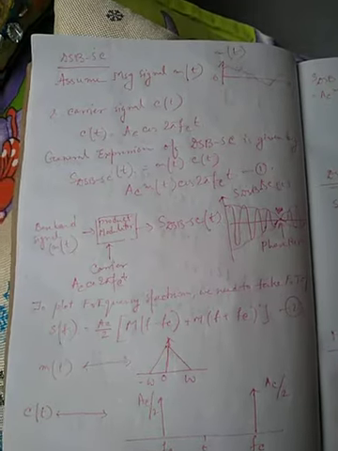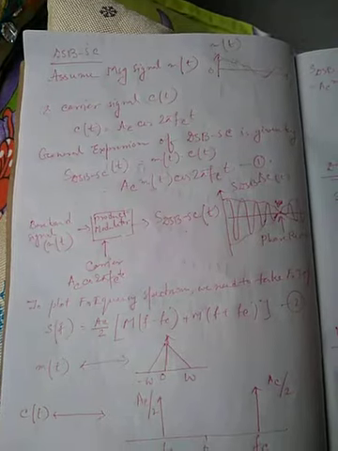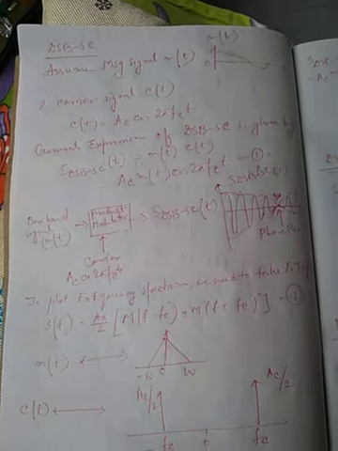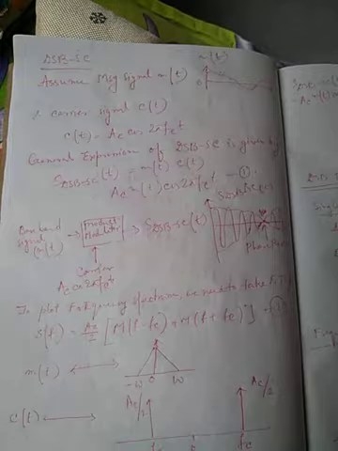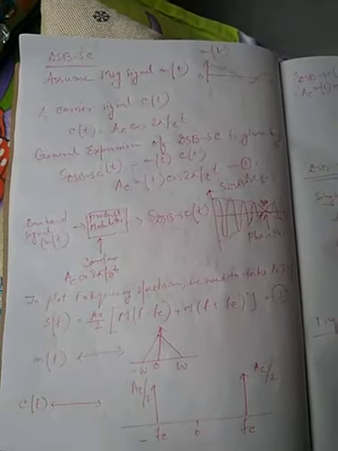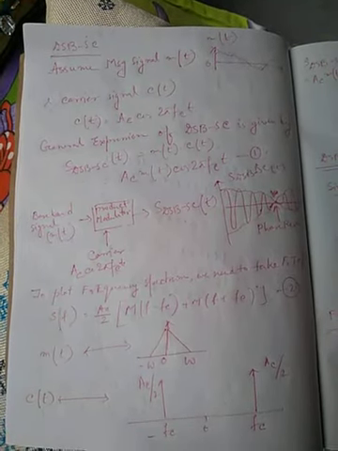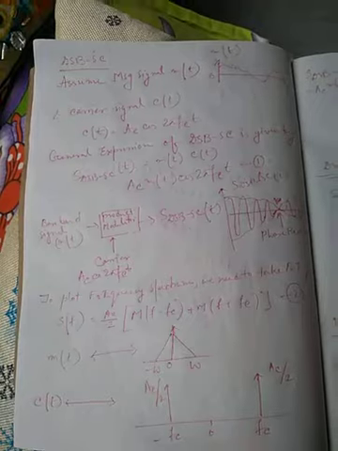Hello students, today my topic is double sideband suppressed carrier, also known as DSB-SC. Already we have gone through a few topics of amplitude modulation. You already know how an amplitude modulated waveform looks, and how it is generated and demodulated.